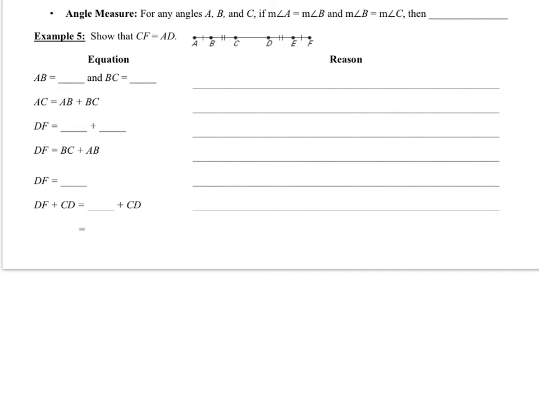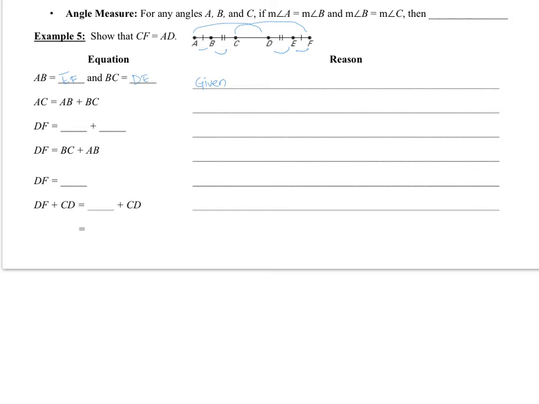Now let's look at example 5, and it's more of a geometric proof. And we would like to show that segment CF is congruent to segment AD. So I need to analyze this picture here. What is my given information? I see that AB is equal to EF, so I'm going to write that down. I also see that BC is equal to DE. And my reason would be given for the first step.